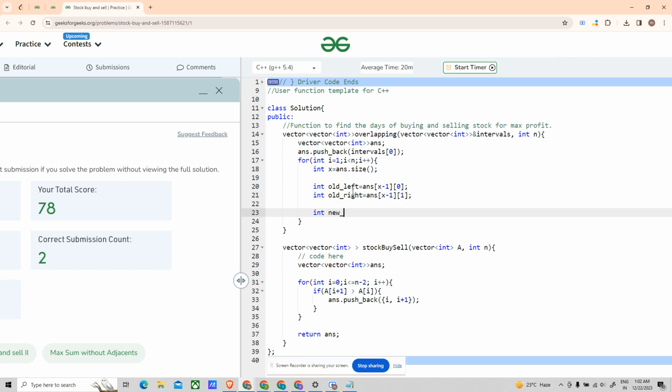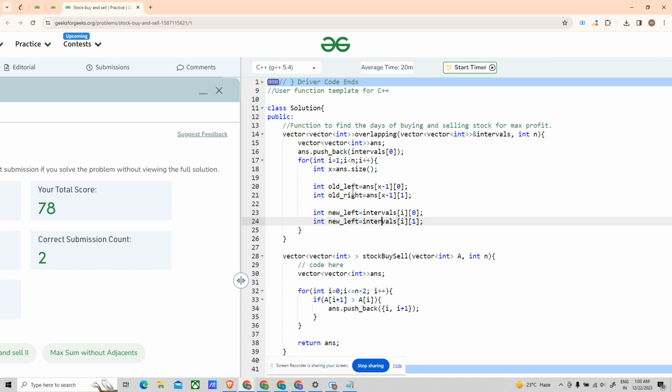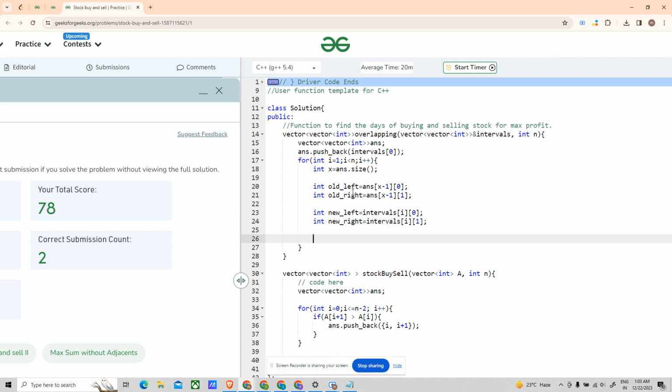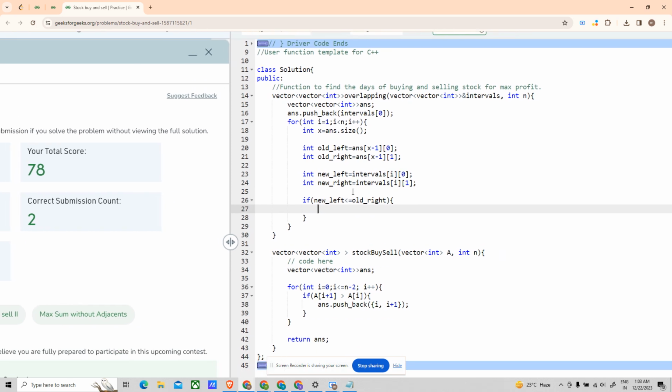Now int new left equals, sorry, it would be intervals i 0, and what will the new right be? Intervals i 1. So what is the condition for overlap? If new left is less than or equal to old right, then what do you have to do?